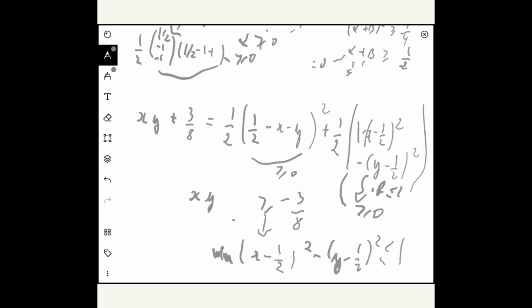And so we will just have xy plus 3 over 8 superior to 0, and it will mean that xy is superior to minus 3 over 8. Yeah, we have finished and given the SOS decomposition here.